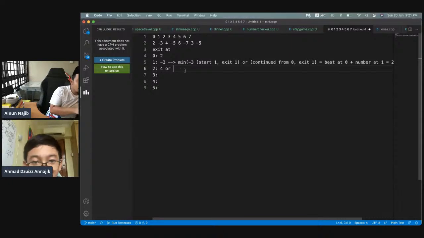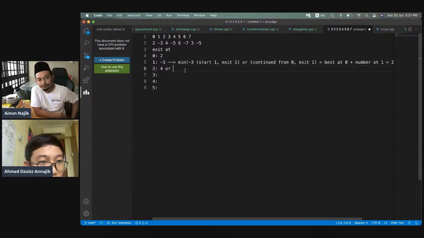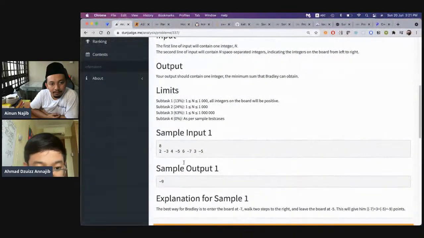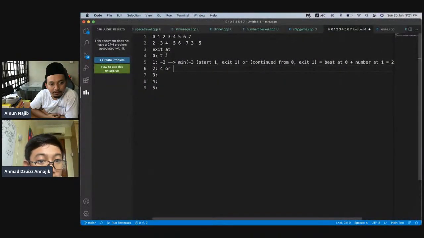Okay, 4 or what? Oh, wait, why do I have to look at 4 or minus 3 plus 4?